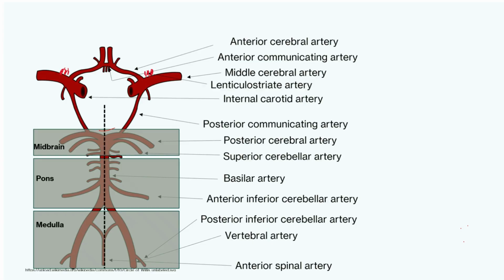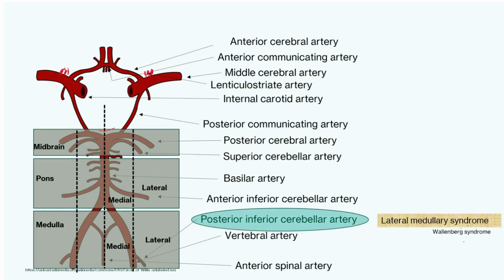Now we can divide this supply into right and left halves, and each half into lateral and medial portions. We have the syndrome names according to this only. I've not written anything in the midbrain because the midbrain syndromes are not named like lateral or medial midbrain syndromes. There is some other nomenclature, so I'll be discussing that in later slides.